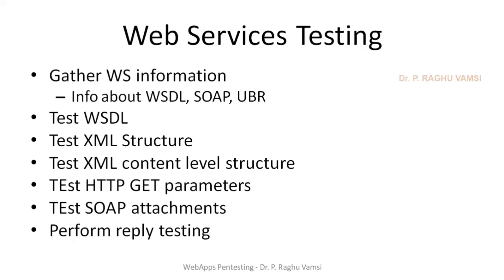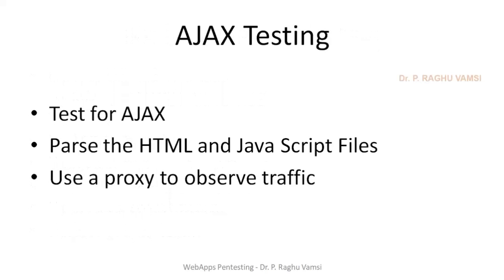SOAP attachments, which are attached with the XML structure, are to be tested. Next one is perform the reply testing. What type of reply you will receive when you send some characters in the GET parameters and with the SOAP attachments, you go for checking the reply. This is what web services testing is.